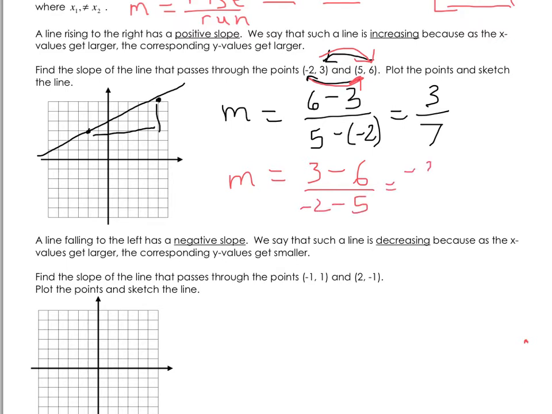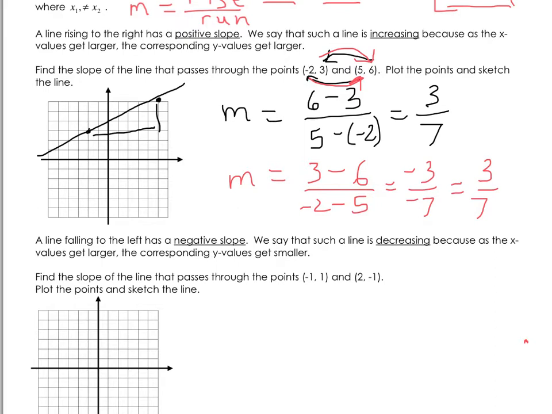That gives us -3 over a -7, which is still positive 3/7. We get the same value no matter which point we start with, but if we begin with the 3, we have to begin with the -2. If we begin with the 6, we have to begin with the 5. So you have to go in the same direction.